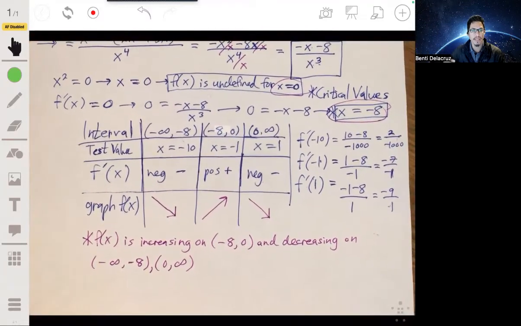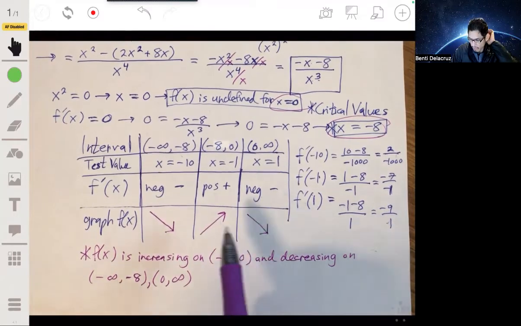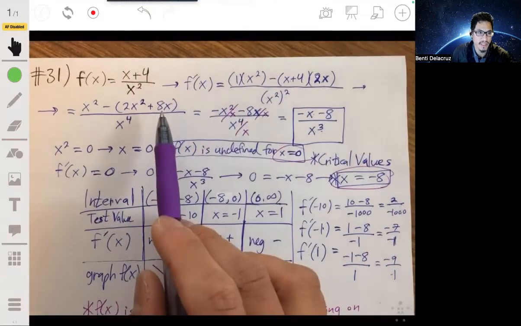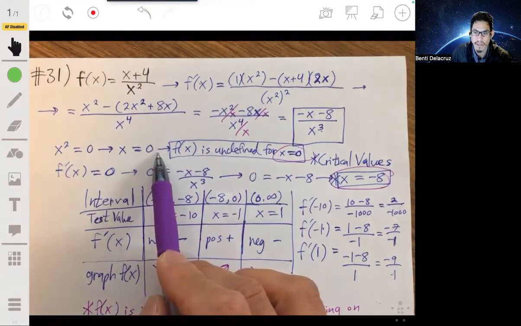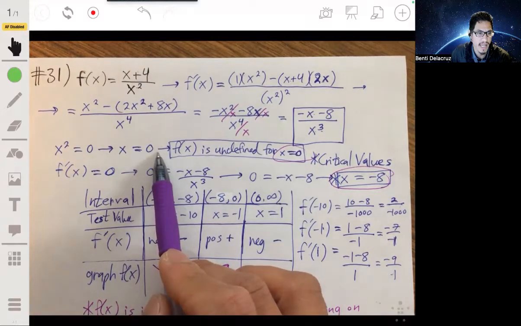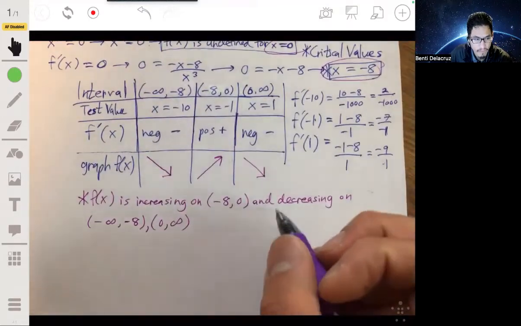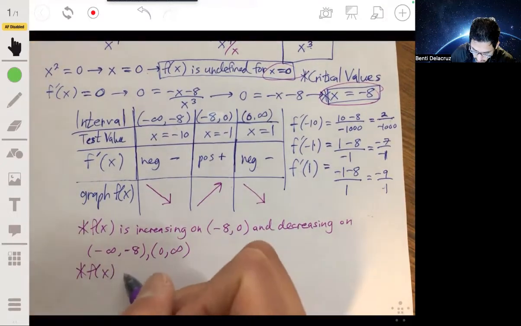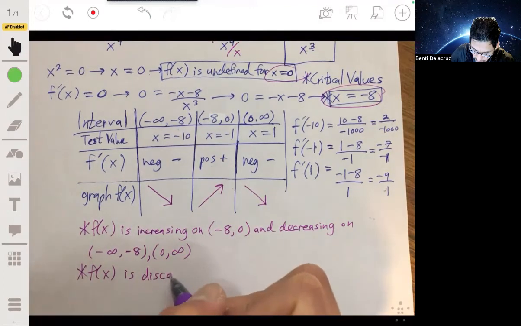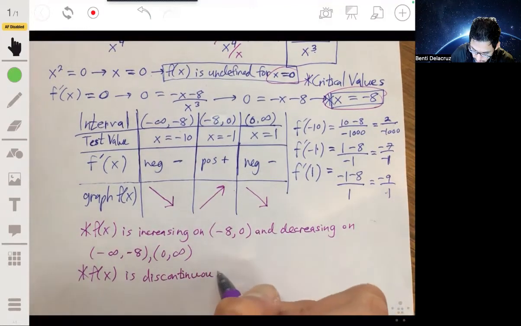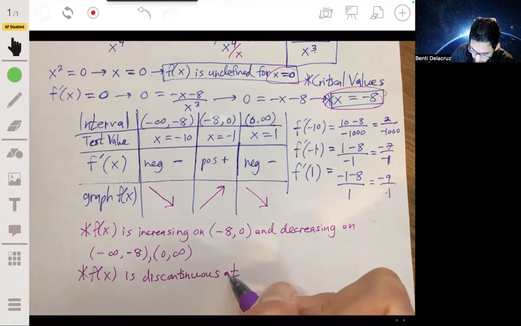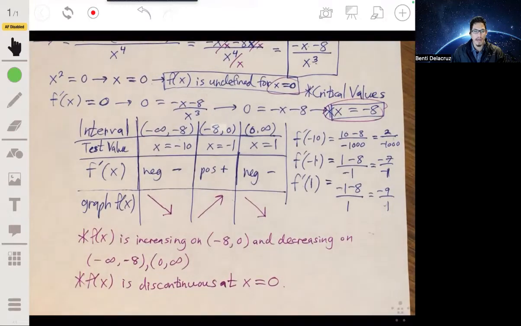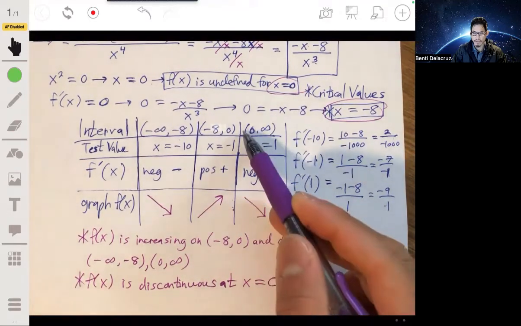Now, in addition to that, we know that it's going to be discontinuous here. Because remember, we looked at the original function, it's undefined for x equals 0. So it's discontinuous at x equals 0. So let's write that as the second point. It is discontinuous at x equals 0. That's where 0 is.